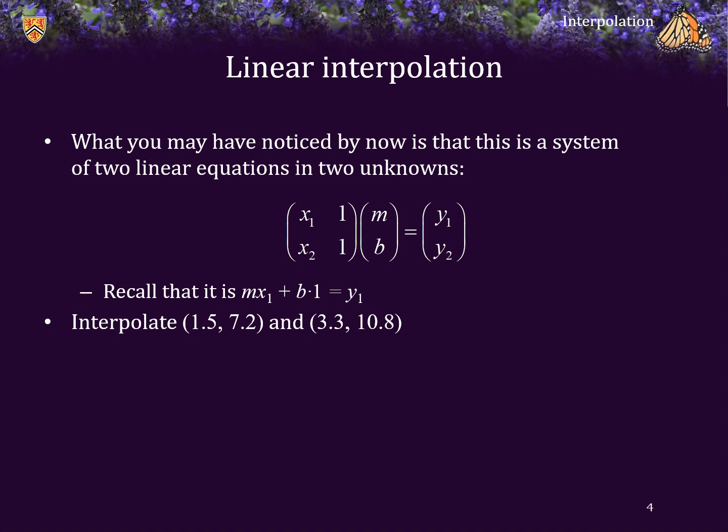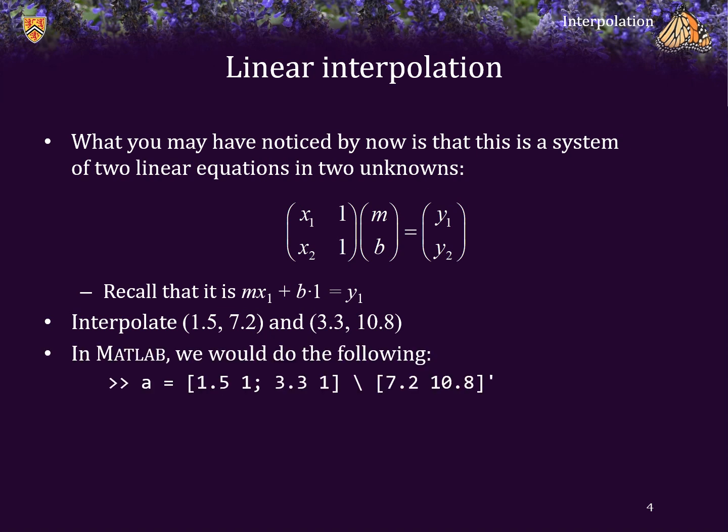So, for example, suppose we want to interpolate these 2 points. Well, in MATLAB, we can set up the matrix as follows and solve the system of linear equations using the backslash operator. This gives us the solution 2, 4.2.